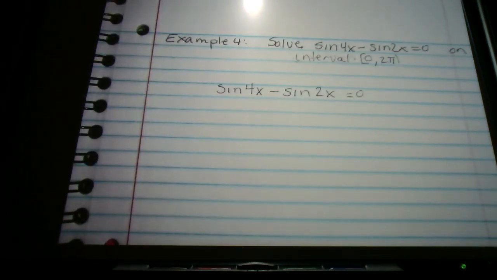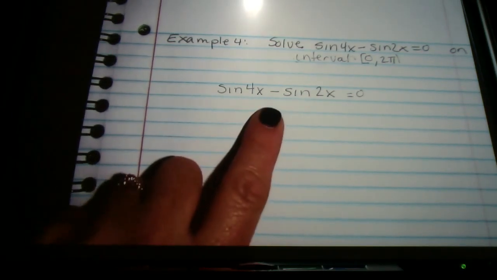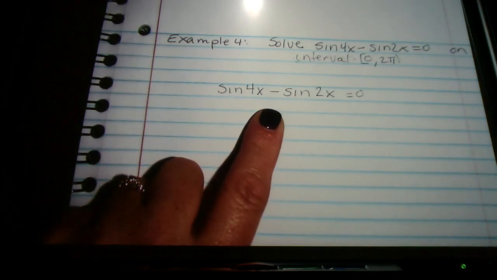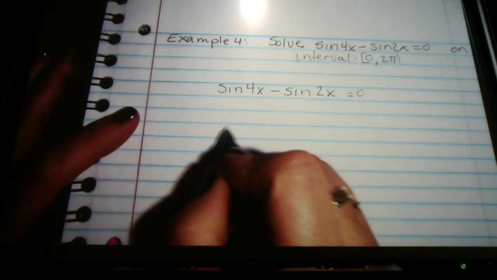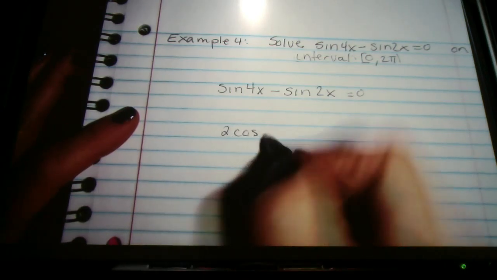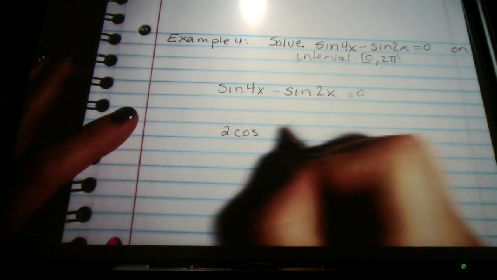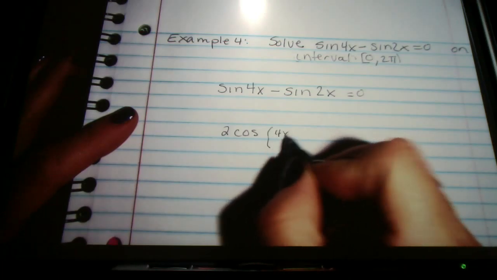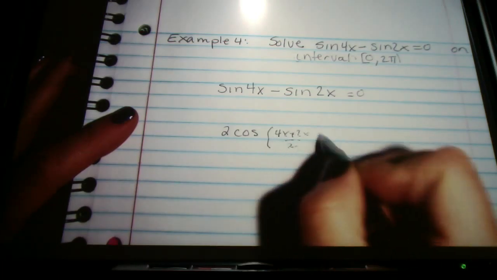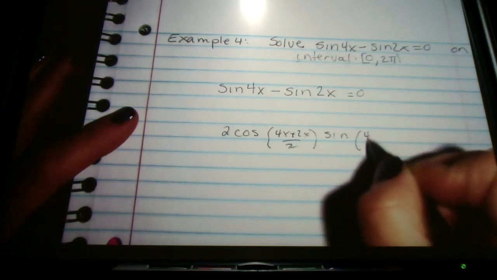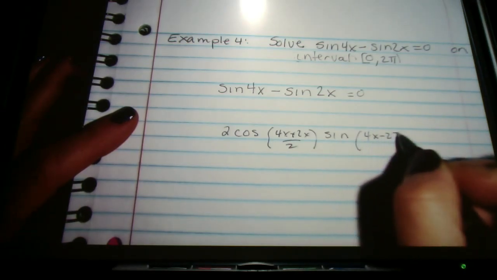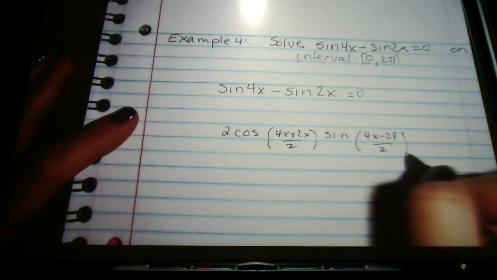But what happens if we do our sum, or difference in this case, to product? You take 2 cosine of the 2 added together and divided by 2 times the sine of the 2 subtracted and divided by 2.